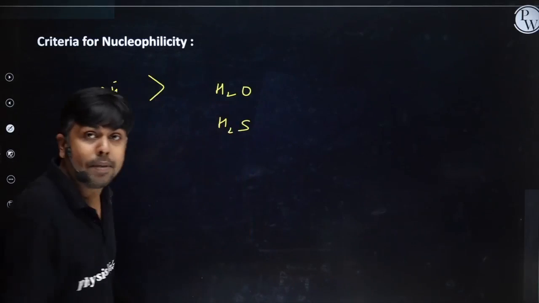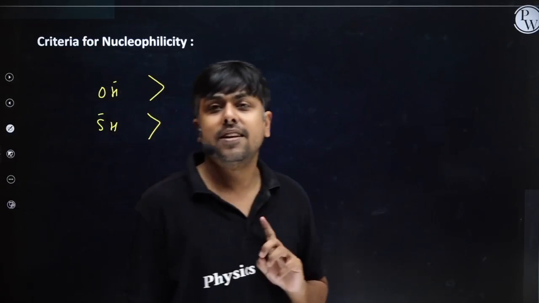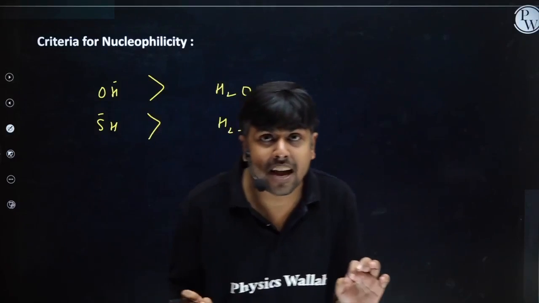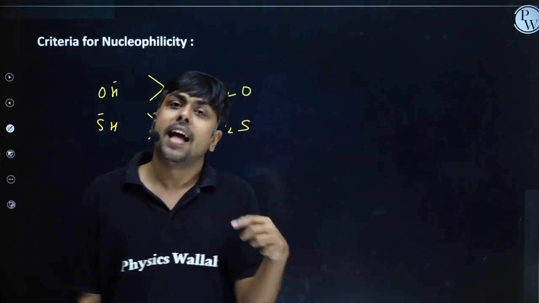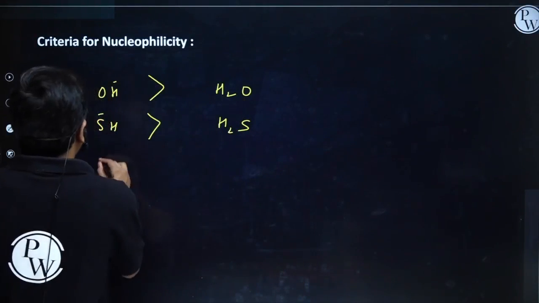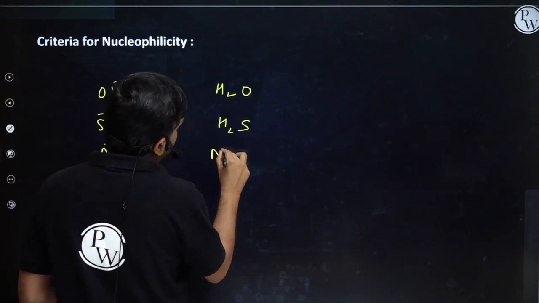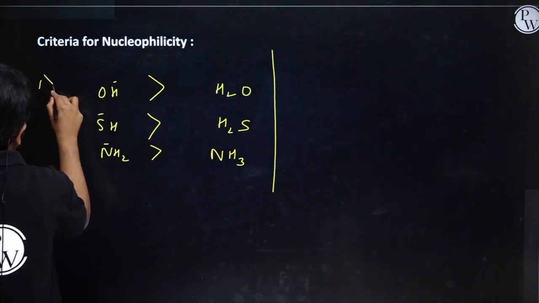Which one is a better base? SH minus. Which one is a better nucleophile? SH minus. Am I clear? Anionic or negatively charged species is a better base as well as a better nucleophile as compared to a neutral one. NH2 minus is a better nucleophile as compared to NH3. Am I clear? I hope this parameter is clear.